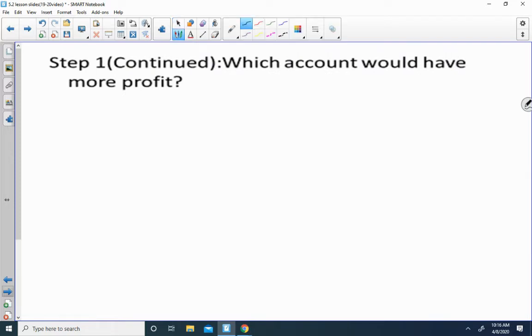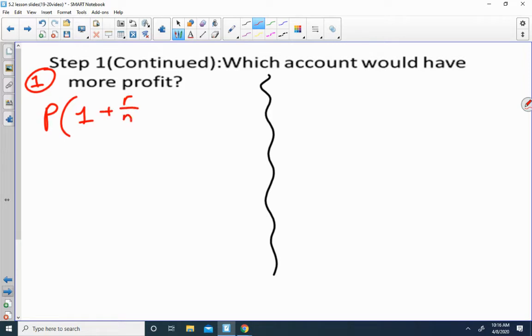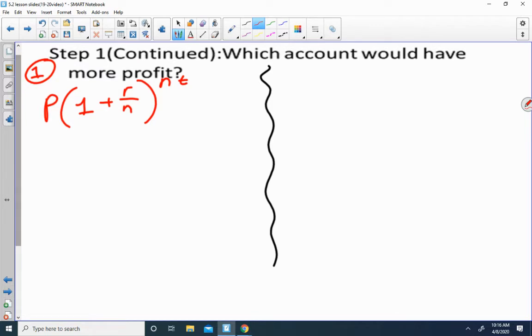Okay, so let's first do account 1. Remember, we have to use that formula, P times (1 plus R over N) to the N times T. For account 1, the principal was $6,700. Then we do 1 plus the rate, which was 0.031.